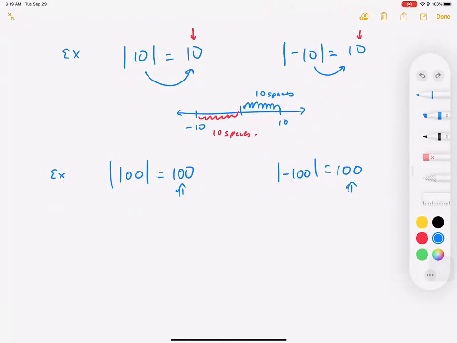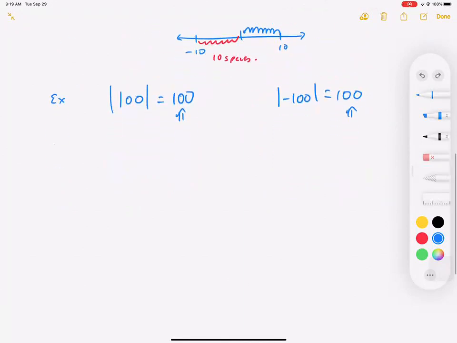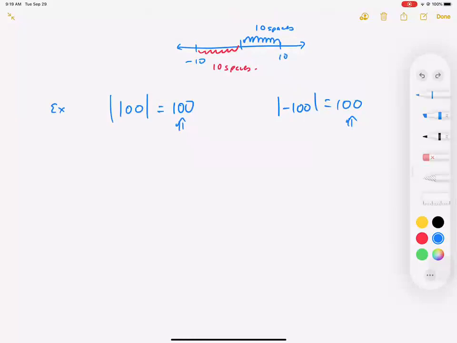Okay, here is where it gets a little tricky, because I'm going to ask you this follow-up question. What could x be? If I write this question now, absolute value of x is equal to 100, how many choices do we have?